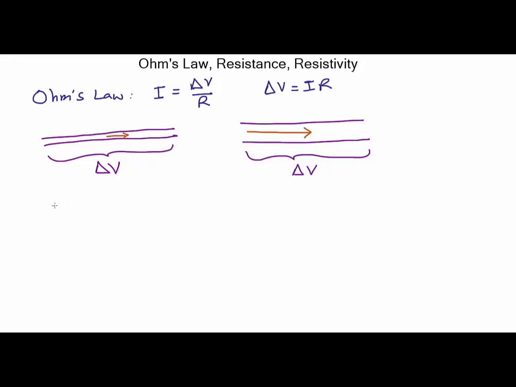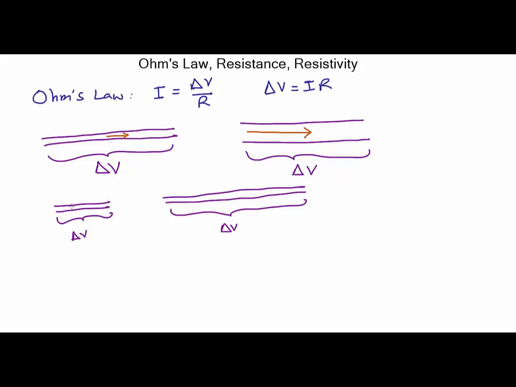Second, if I have a short wire with a given potential difference and another wire that's much longer and has the same potential difference across its ends, you might think that the shorter wire would carry more current, and that again would be correct. There'd be more current here because there's a lot more potential difference per unit length as compared to here.